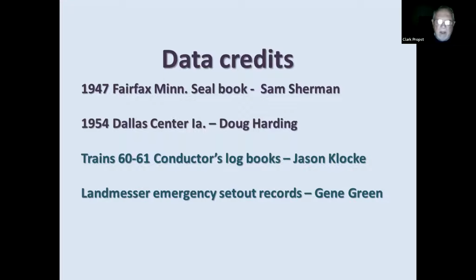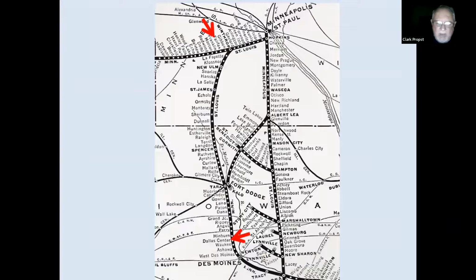Landmesser was the main mechanical engineer on the MStL, and he did some records of setouts. So it's basically an overview of what would have been on the railroad. But we'll use that information because that's what we have.